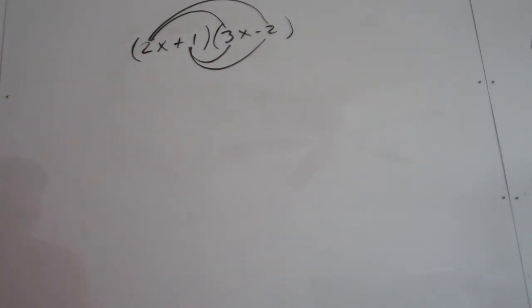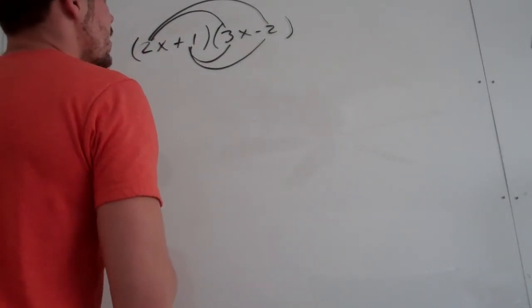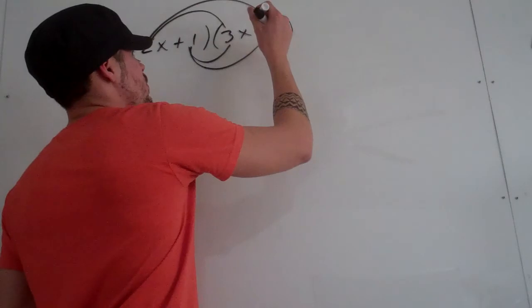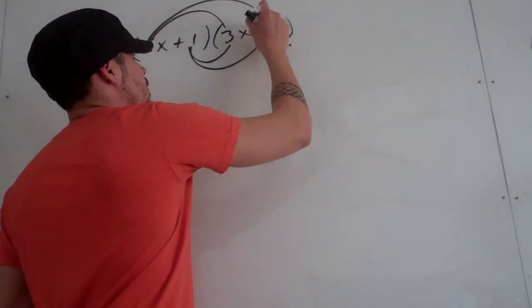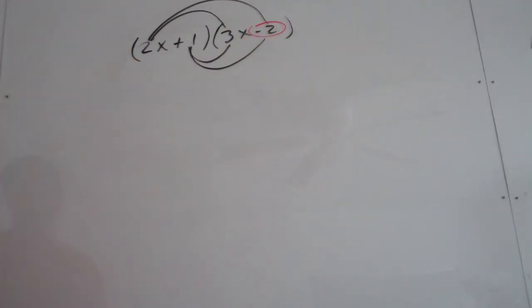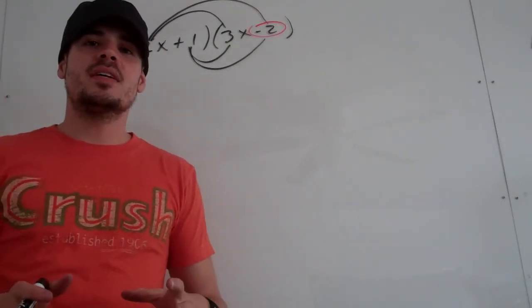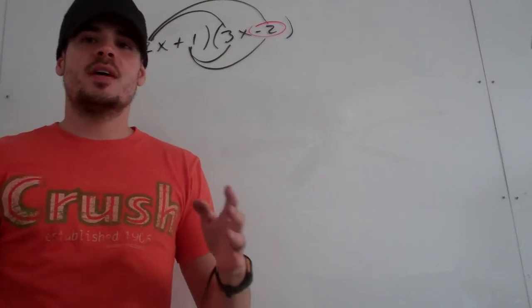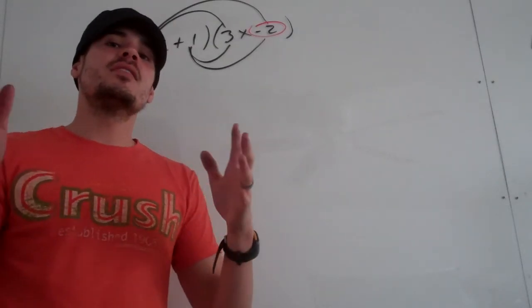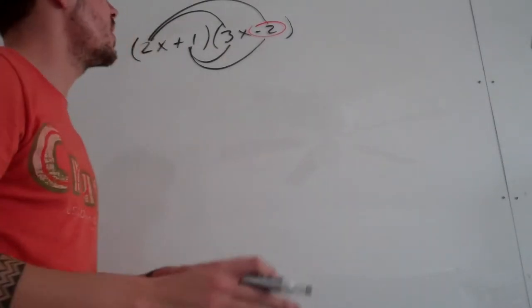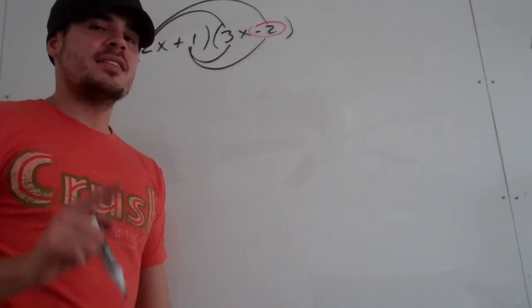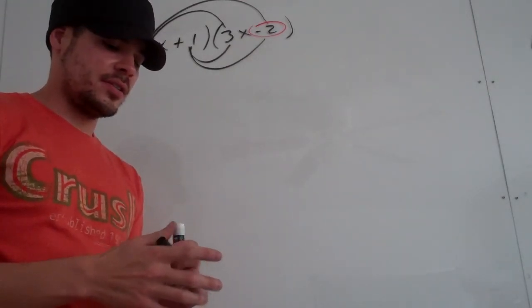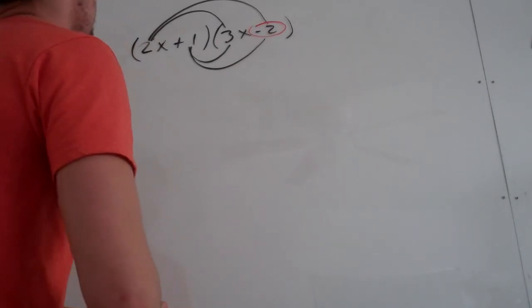Now remember, if you're really bad at your negative signs, if you forget about them, circle them. Okay? To remind you that when you multiply something that's positive times something negative, then it's negative. Something negative times negative is positive. But either way, it's not the same thing as if you multiply two positives together. So just remember that.